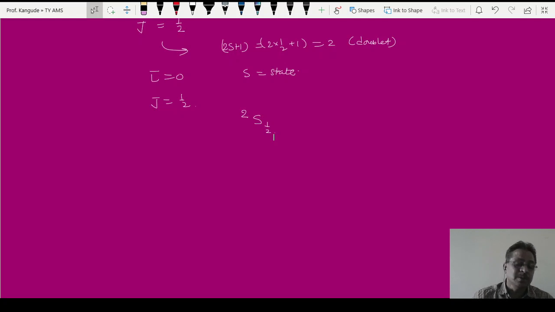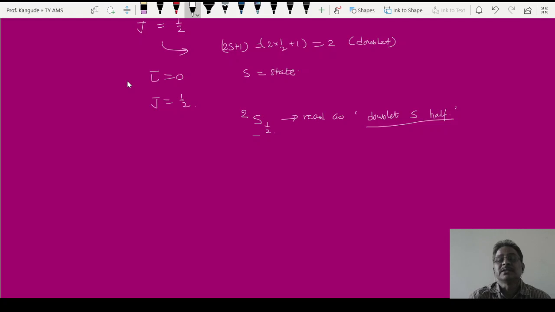This is called the term symbol doublet S half, and it is read as doublet S half. This state is written this way and read this way: doublet S half.